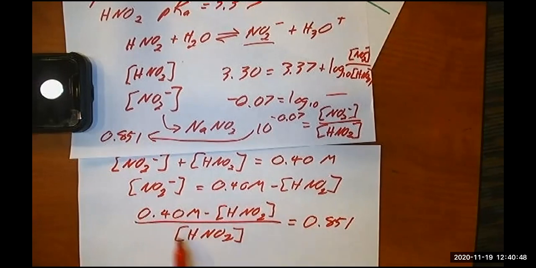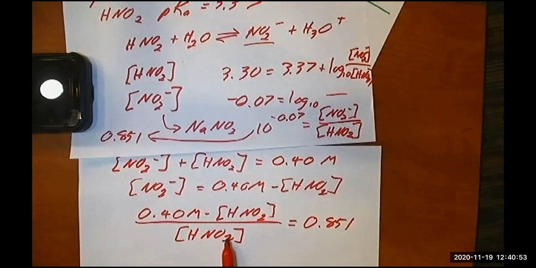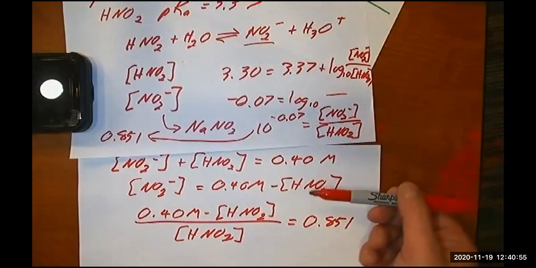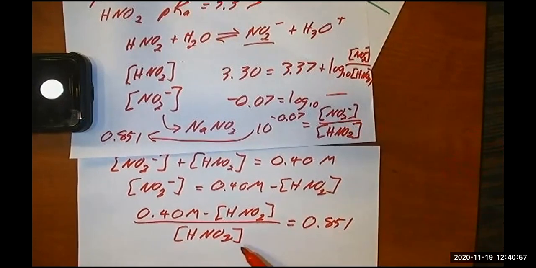You now have one equation with one unknown. You solve for that unknown, and then you can plug that value back into either this equation or this equation and find the other concentration that you wanted.